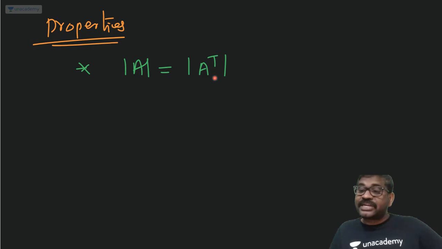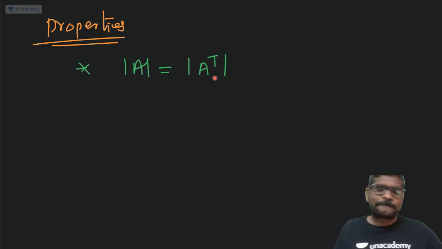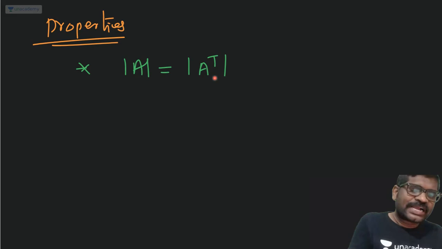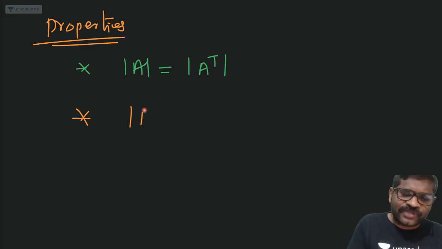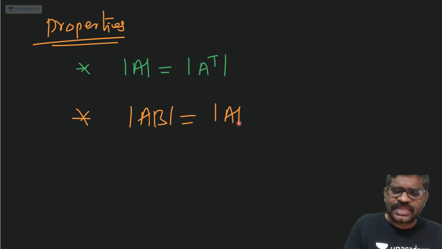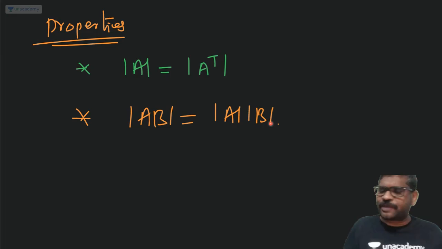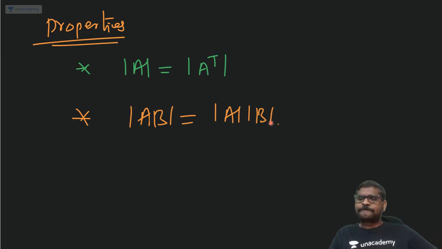Determinant value of AB equals det A into det B.